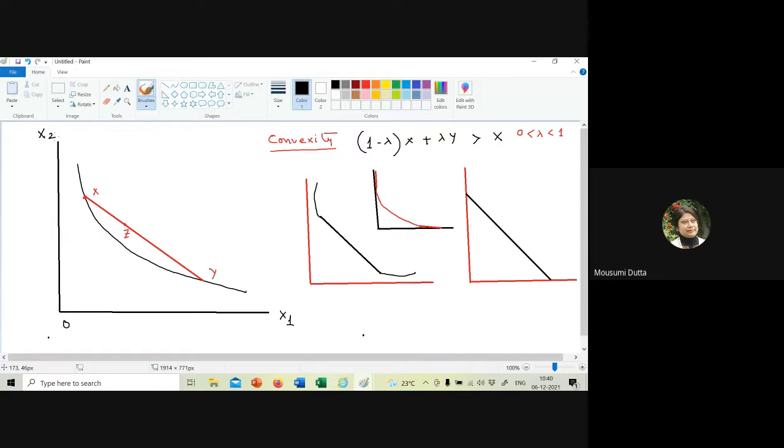So I have a two commodity world having two commodities x1 and x2. Then I have one indifference curve, and I'm considering a point x and a point y.